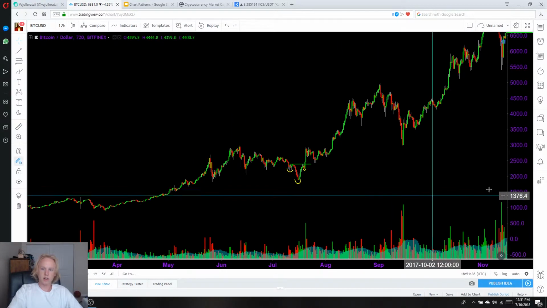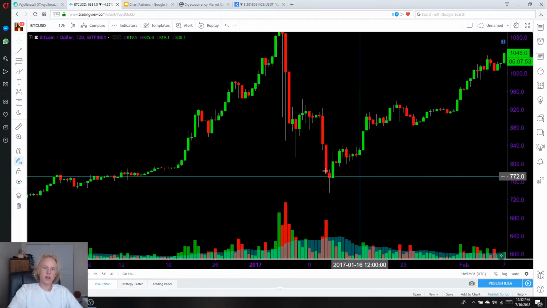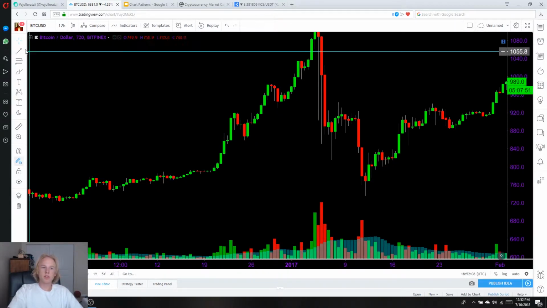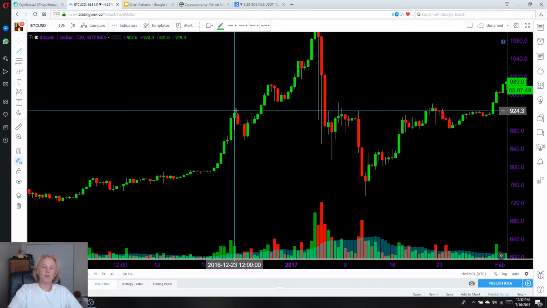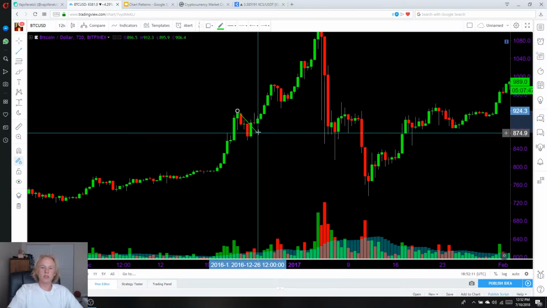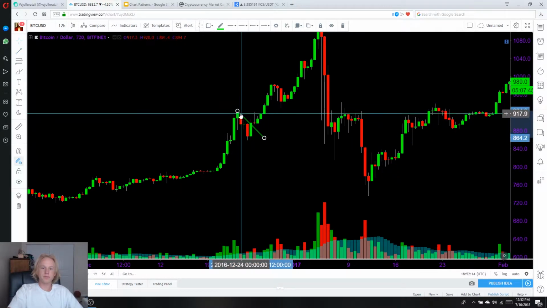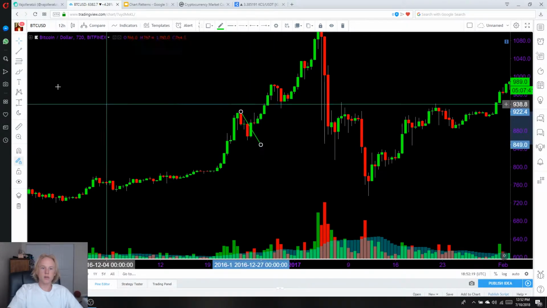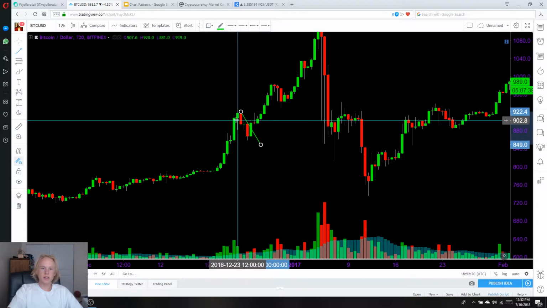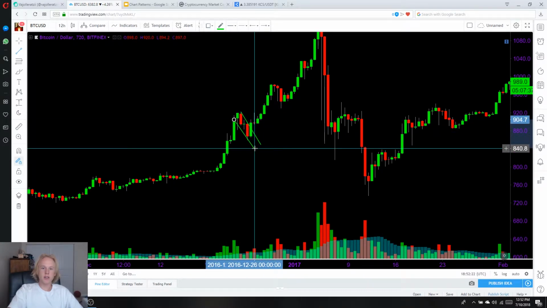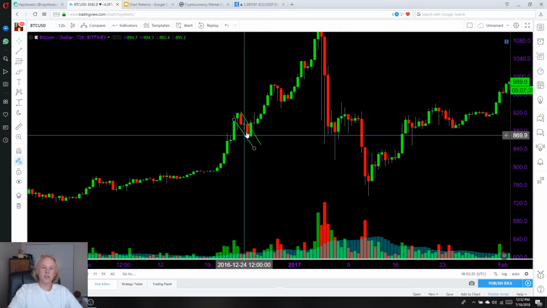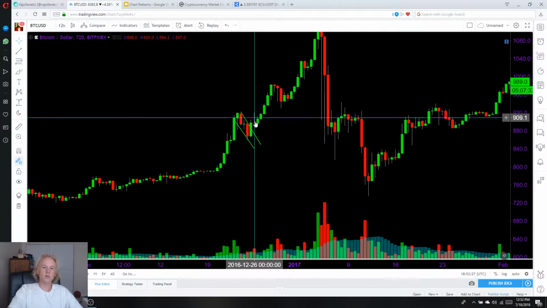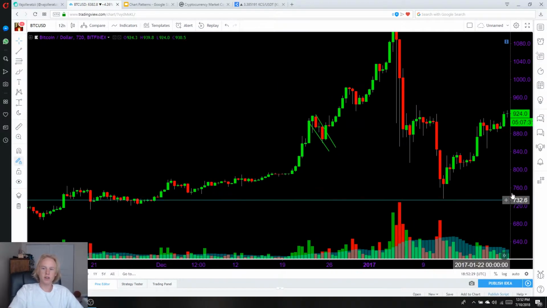Let's see if we can find a couple more in here. Now, here would be an example of some of these bull flags that are at more of an angle. So if we come in here, we're just going to count it right there. Now if we come here, we can see price was having a correction in this slight little channel here. Now this channel, once it broke, that's when you wanted to be taking your buying actions.